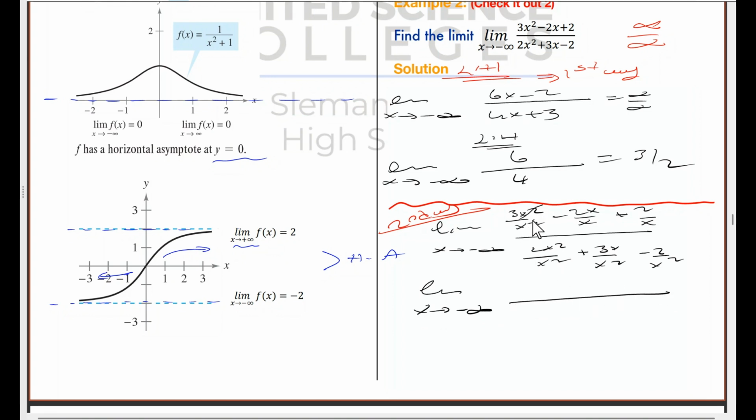The x squareds will go, so limit as x approaches negative infinity of 3 minus, sorry, this is x squared, so one of the x's will remain at the bottom, plus limit as x approaches negative infinity of 2 over x squared.